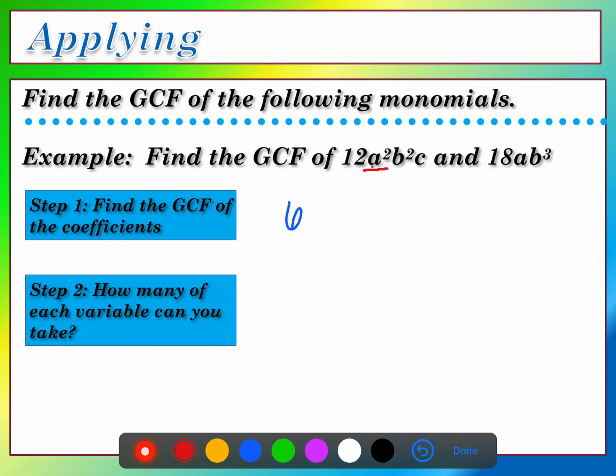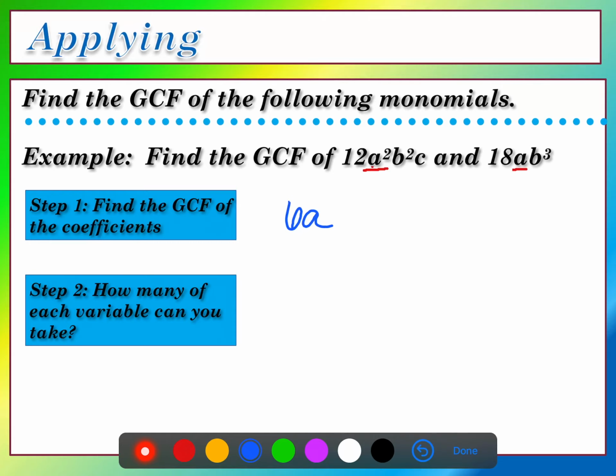Between a squared and a, if you had to take the same number from each one, how many would you have? I can only take one a because 18ab cubed only has 1 to give. I can't take 2 from it because it doesn't exist over there.